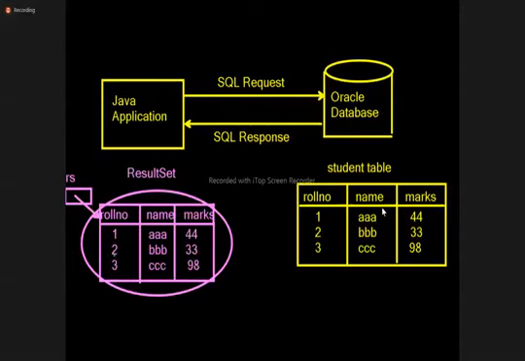That is one way. Any other way? Next, but how many times do you have to call it? Two times. Instead of that, I'll write rs dot absolute 2. Then the cursor comes here.